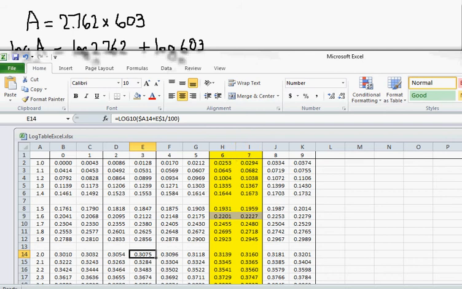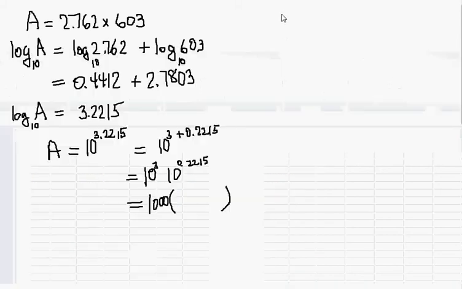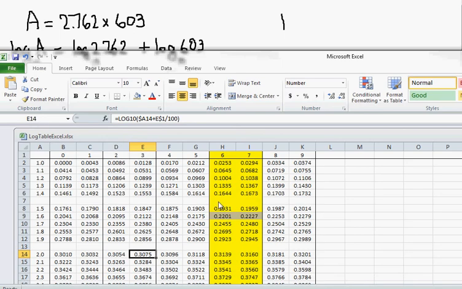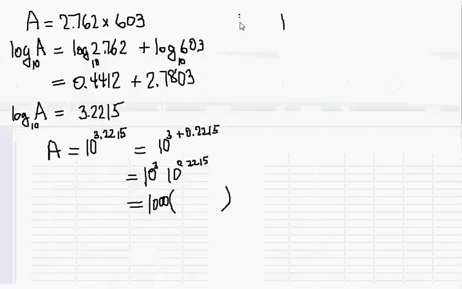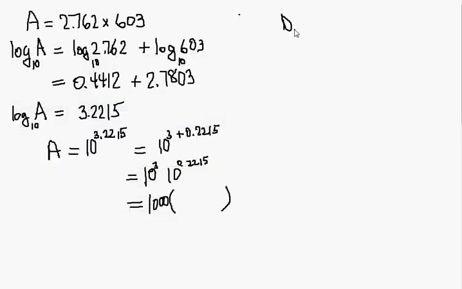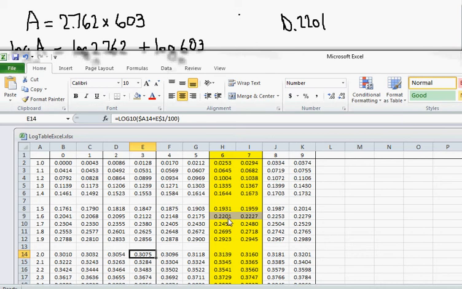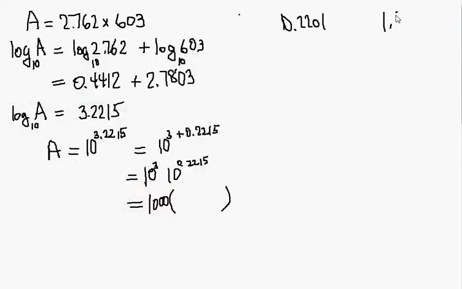So let's mark that, 1.66 and 1.67. Going the other direction, the anti-logarithm of 0.2201 is 1.66. In other words, 10 to the 0.2201 is 1.66.